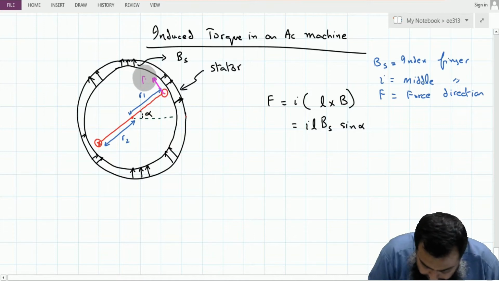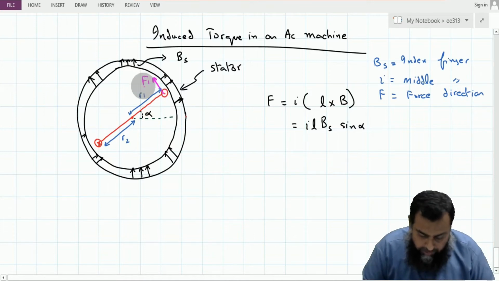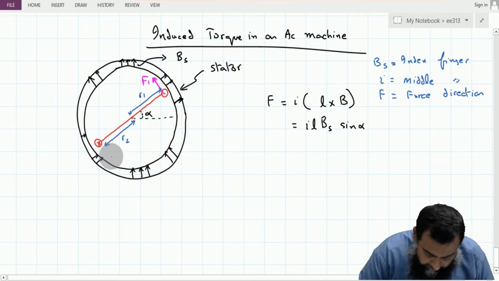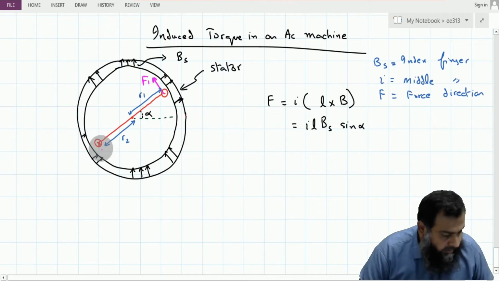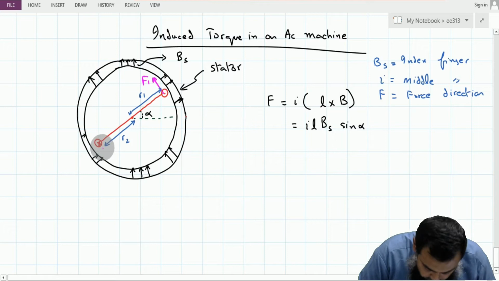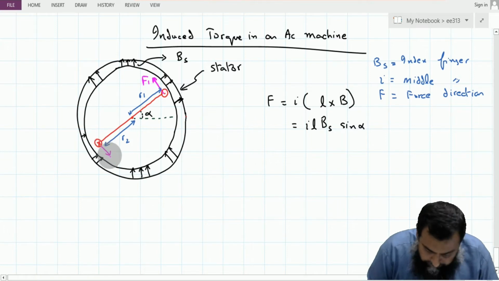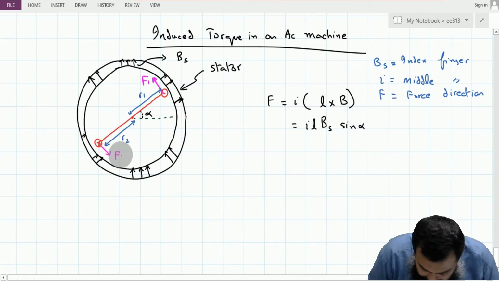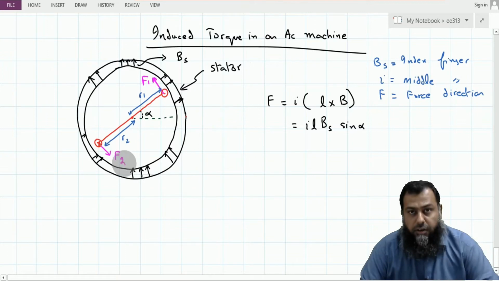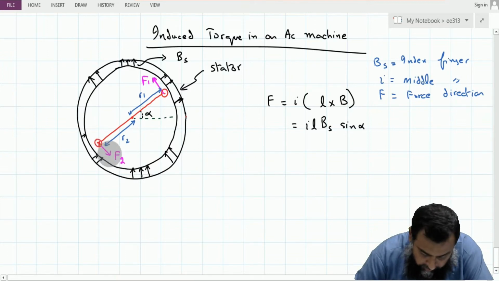This is the force F1 for this first conductor. Similarly, for the second conductor, since this cross shows that the current is going into the page, the force which is exerted on this second conductor is as shown here.